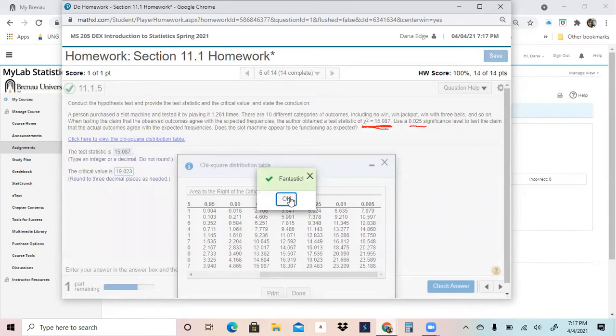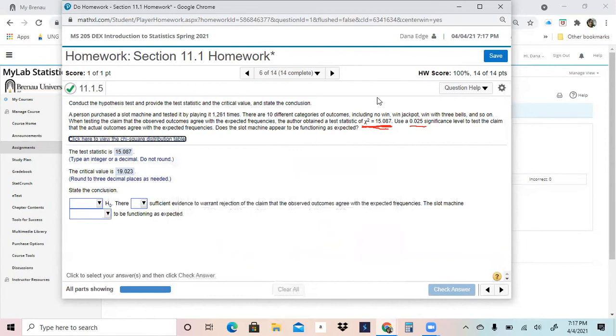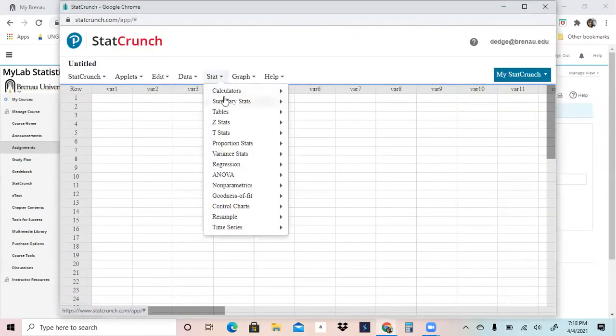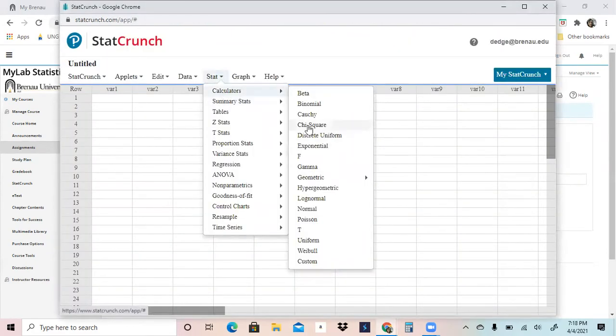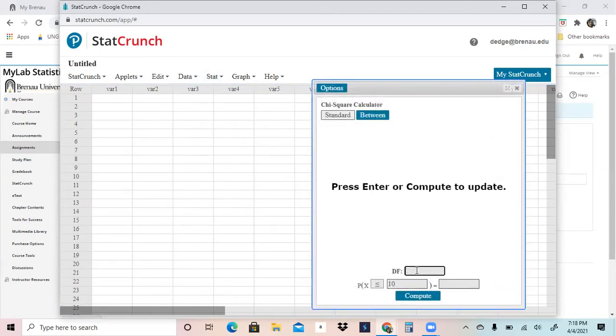Now, another way we could have gotten this would be to go into StatCrunch, go to Stat, Calculator, chi-square. The degrees of freedom is going to be 9.